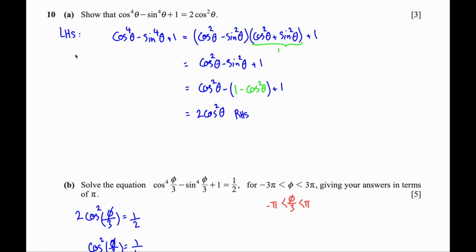And as you can see, this can be written as cosine squared theta raised to the power of 2 minus sine squared theta raised to the power of 2. As soon as you do that, you realize this looks like a famous identity, which is the difference of squares, where you can write the first term minus the second term times the first term plus the second term. And that's what I did here.